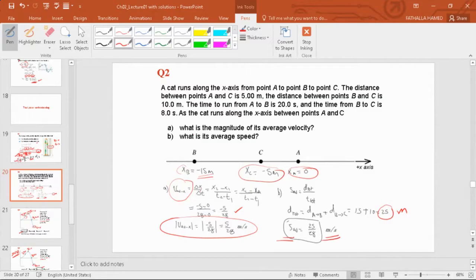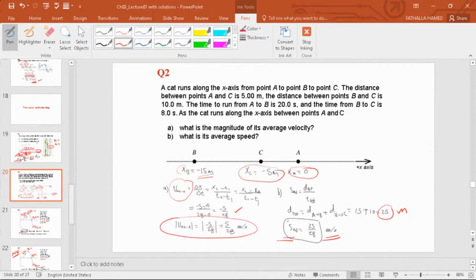Now, you know by definition, average velocity is delta x over delta t, which is x2 minus x1. Your x2 is here, which is minus 5. And your x1 is 0.